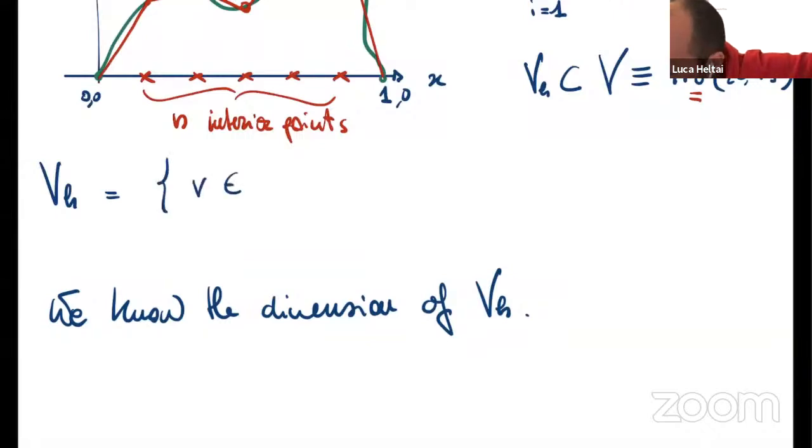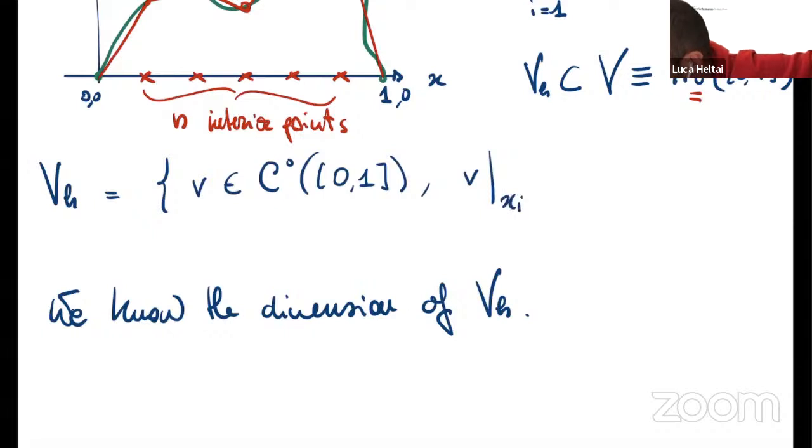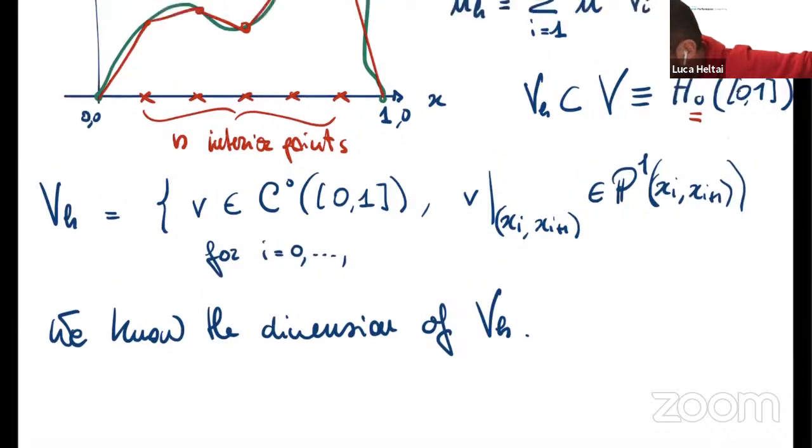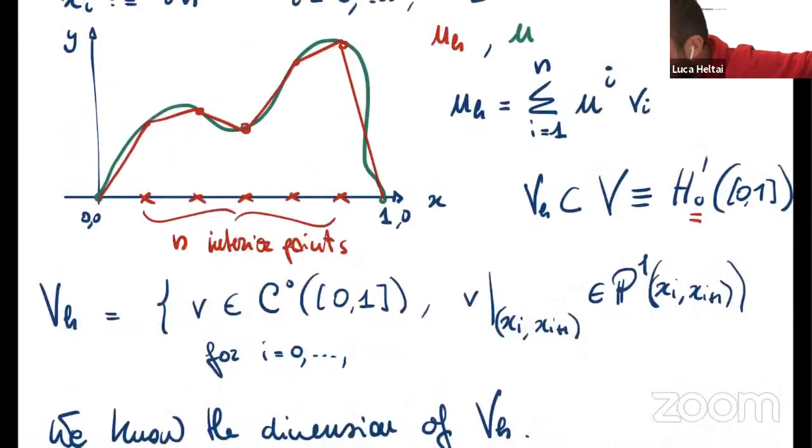These are functions which are C0 of the interval 0, 1, and such that v, when restricted to the interval xi to xi plus 1, belongs to P1 of xi, xi plus 1, for i equal 0, comma, now this is i plus 1, that's n minus 3.